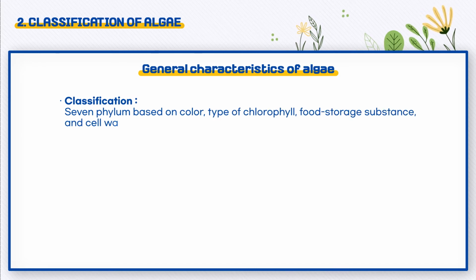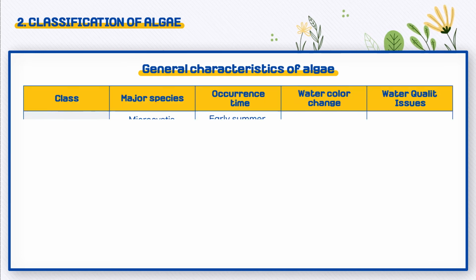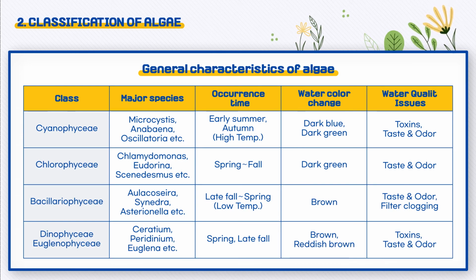Algae can be divided into 7 classifications based on color, type of chlorophyll, food storage substance, and cell wall structure, etc. Furthermore, phytoplanktons can be divided into 5 classes: Cyanophyceae, Chlorophyceae, Bacillariophyceae, Dinophyceae, and Euglenophyceae.